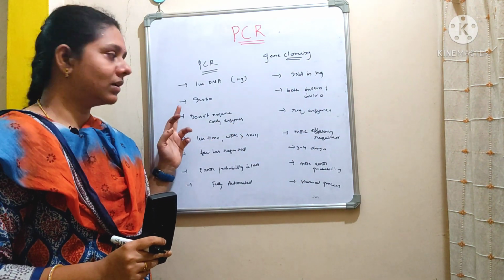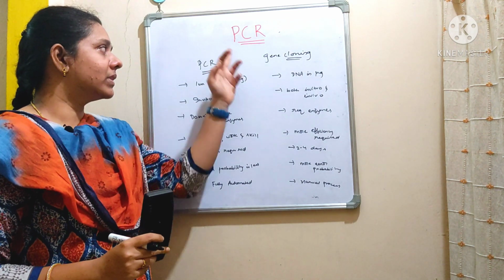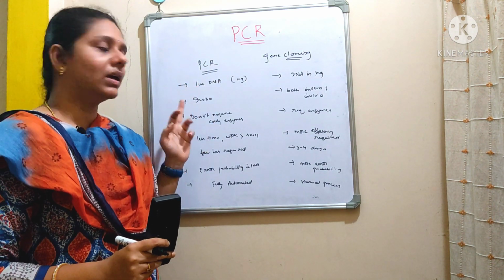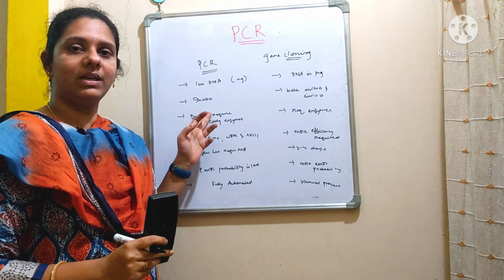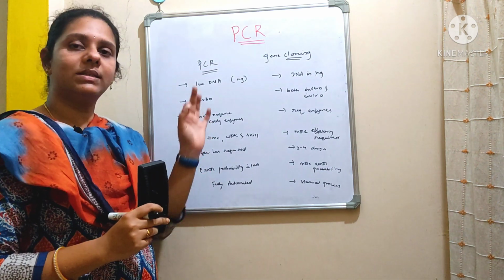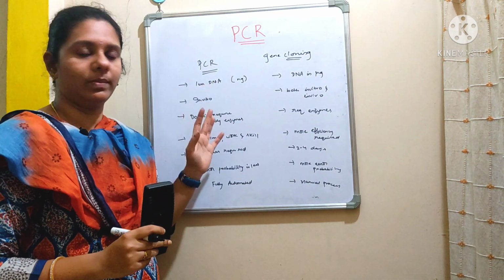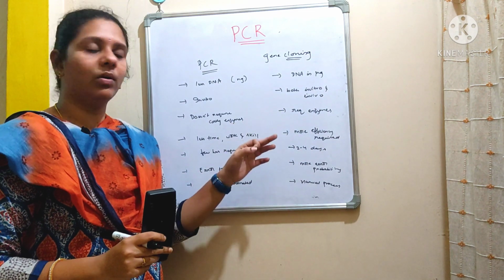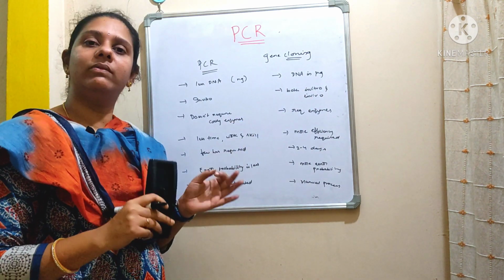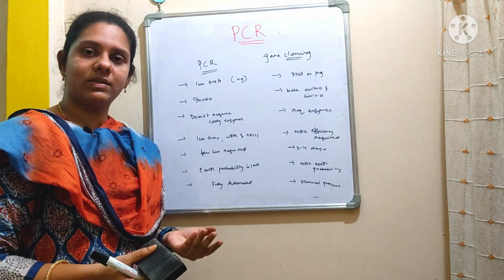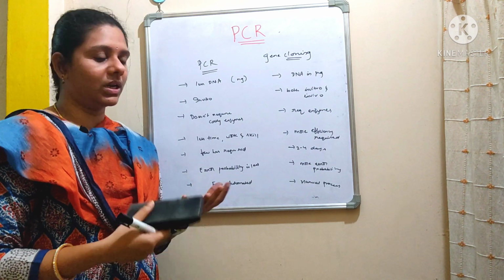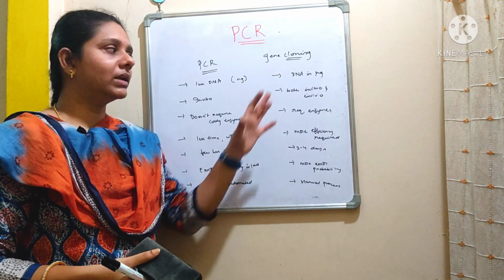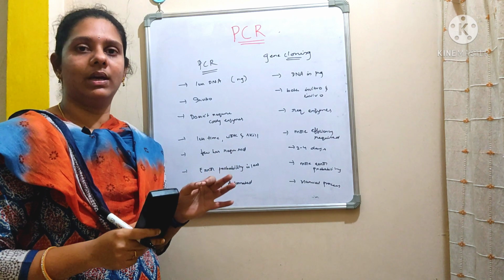Coming to the other important point, PCR is carried out in vitro, that is, in a test tube kept in a PCR instrument. But gene cloning can be performed both in vitro and in vivo, that is, within a test tube or in a culture plate, and also within a living organism.